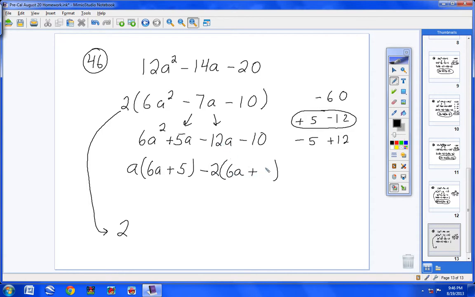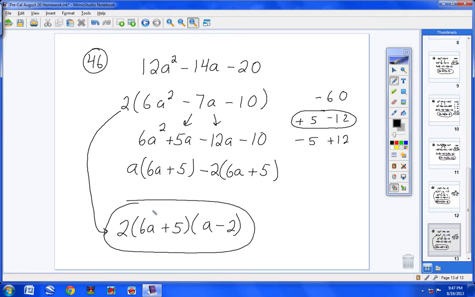And negative 2 times positive 5 would be negative 10. And notice your parentheses do match. I already brought down my 2. So I'm going to write my matching parentheses once. And you're left over with a minus 2.